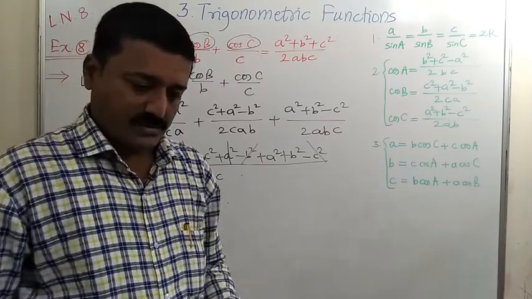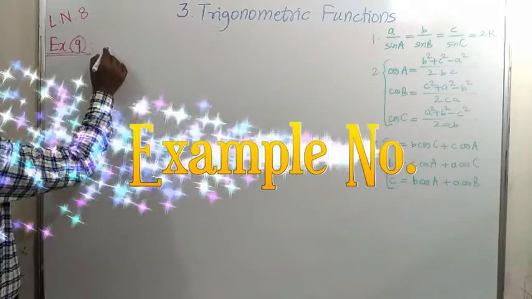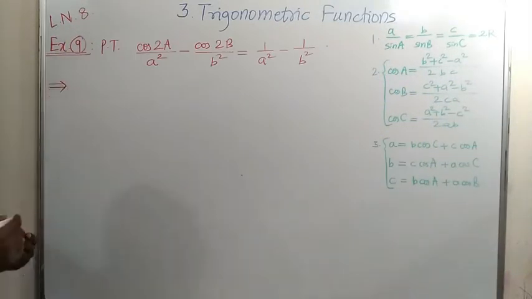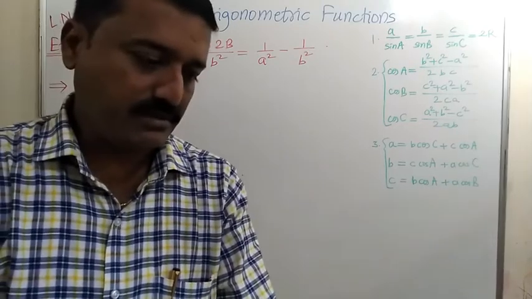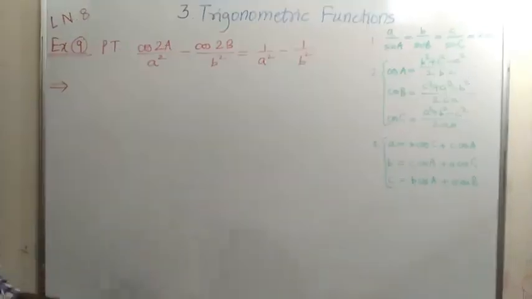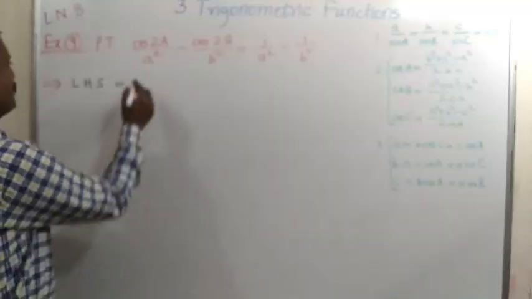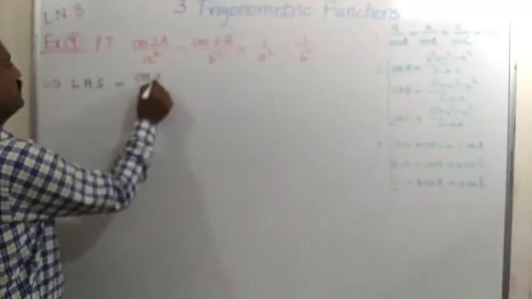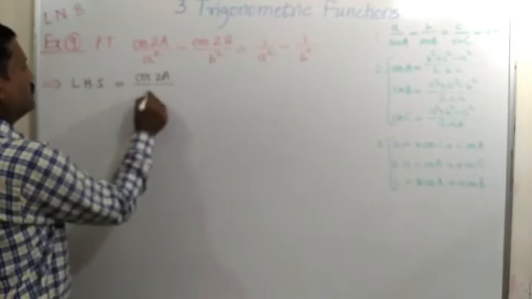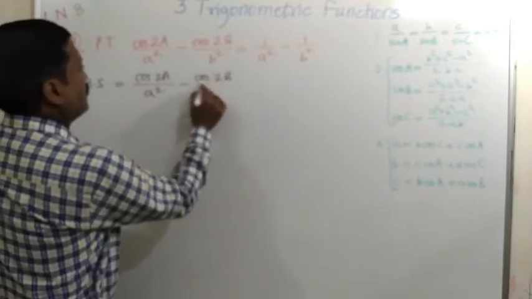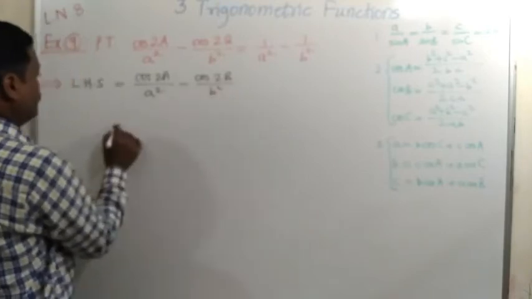Let us see now example number 9. Let us start with the LHS of this example. LHS is equal to cos 2A upon A square minus cos 2B upon B square.